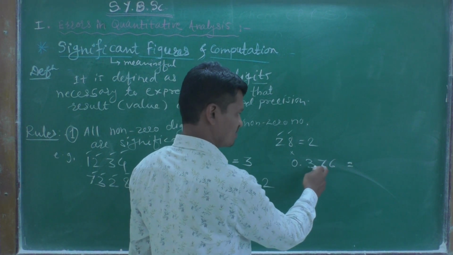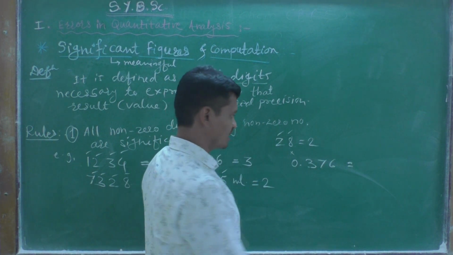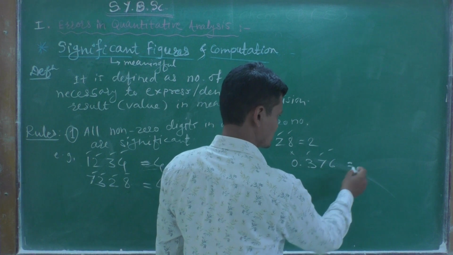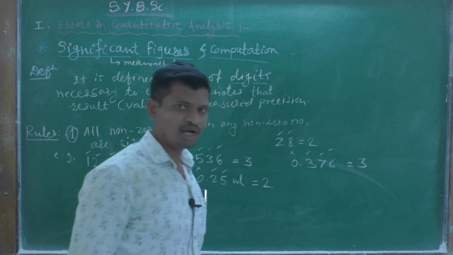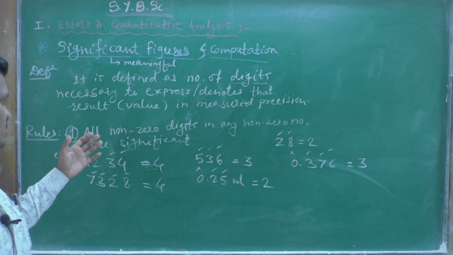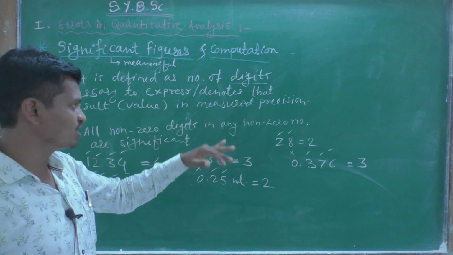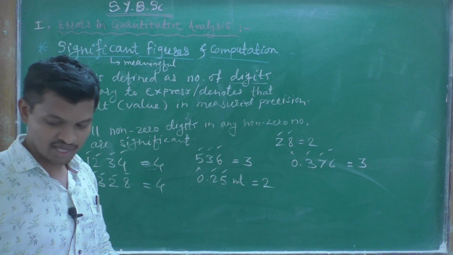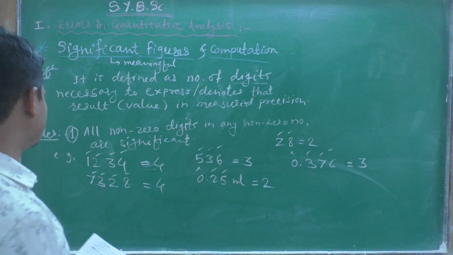But 3, 7, 6 all are significant. So 1, 2, 3. The significant figures in this case are 3. Okay, so this is the very first rule, that is, all non-zero digits in any non-zero number are significant. Very simple.